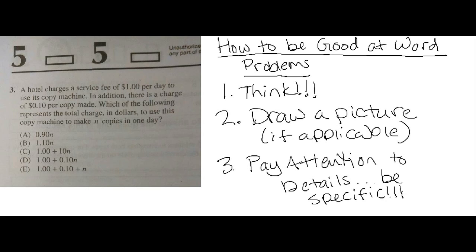Maybe they'll say 50 cents, and instead of converting that back to dollars, you leave it as 50N. And then you would actually get the question wrong. So it's really important to be specific, pay attention to all of the details, and make sure that everything adds up. I hope that those tips helped you.